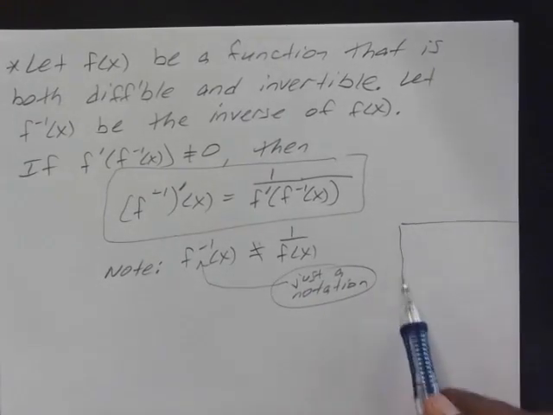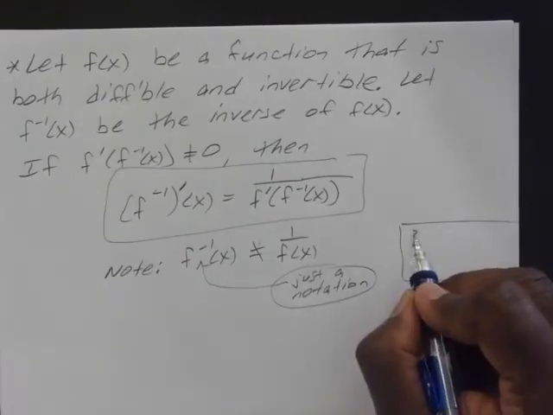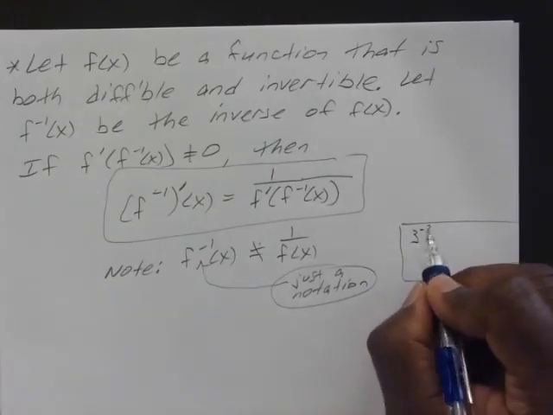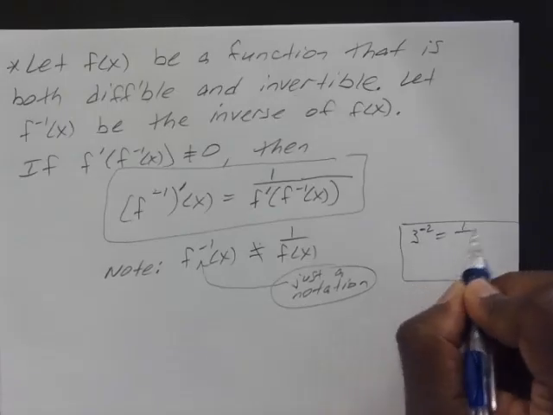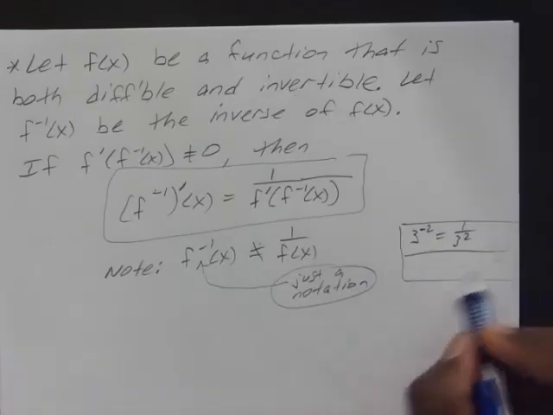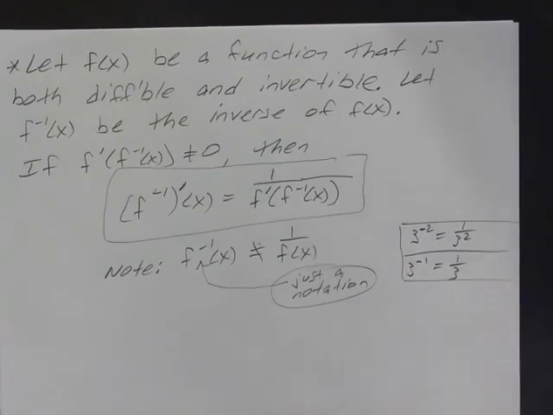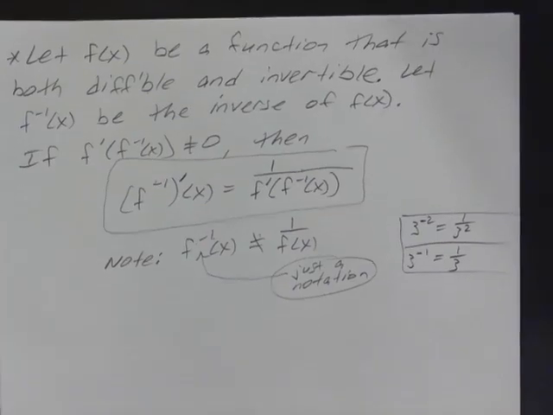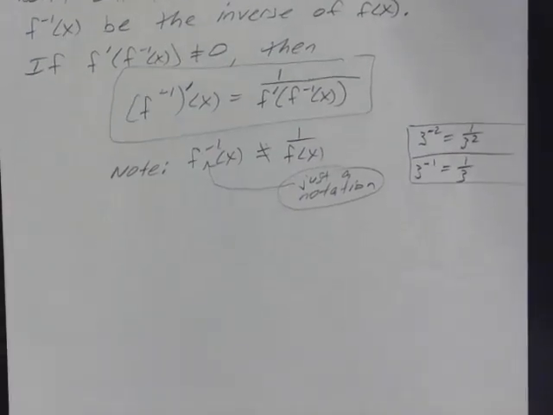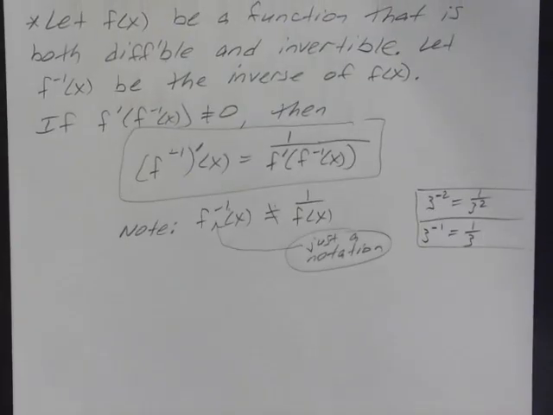So it's not like if you have 3 to the power of negative 2 equals 1 over 3 squared, or 3 to the power of negative 1 equals 1/3. It's not like that. It's not actually raised to the power of negative 1. It's just, like I said, a notation.